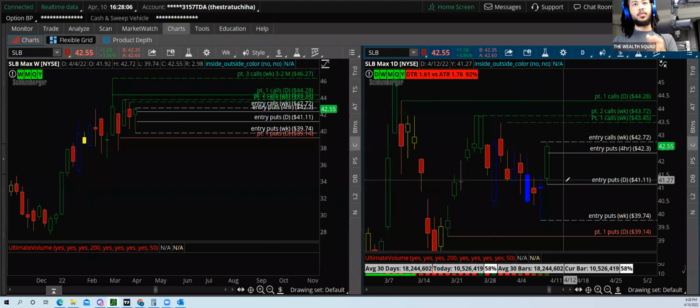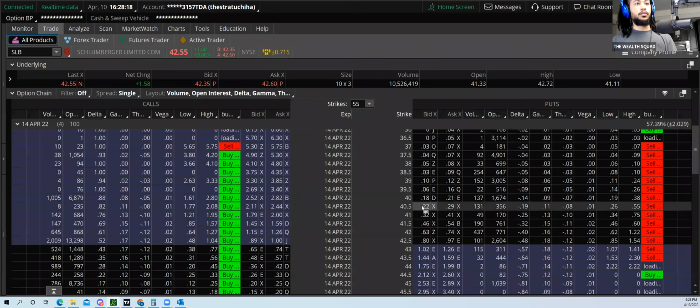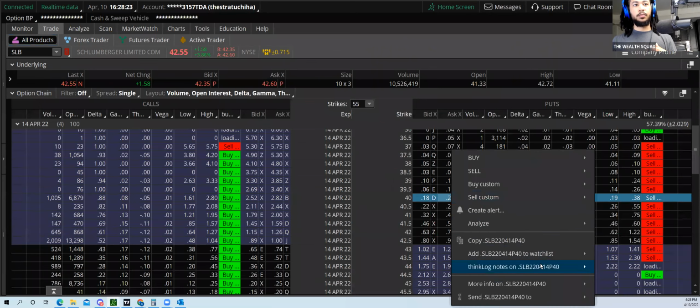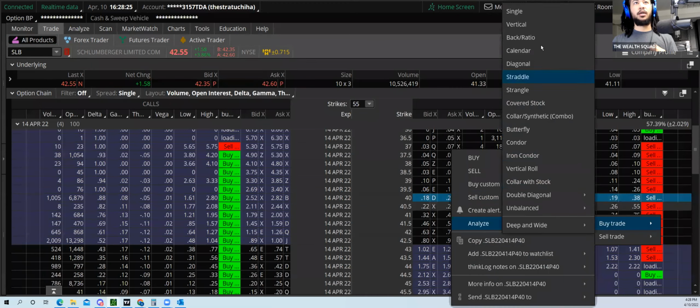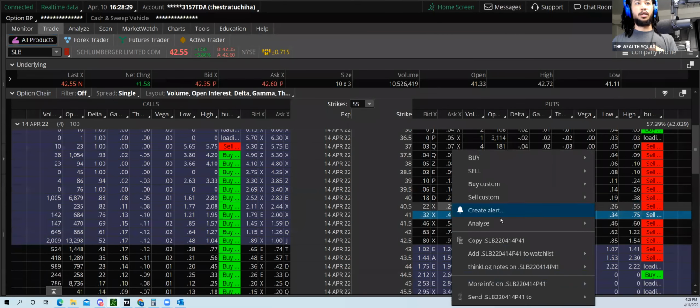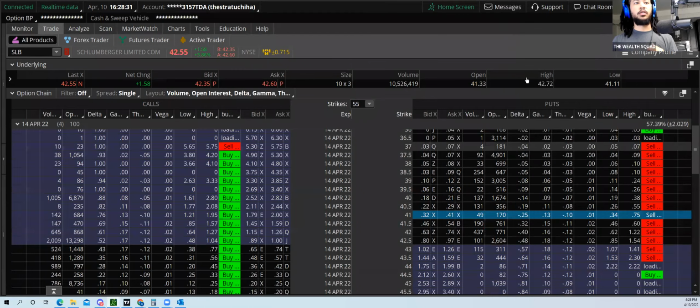But I also could go 41 because 41.11, that's the entry for puts on the daily. 41 put would be in the money literally 12 cents after it breaks the daily entry. All right. Or I potentially could go 40. So I'm gonna load 40, analyze by single, and I'm also gonna load 41. All right. Analyze by single.